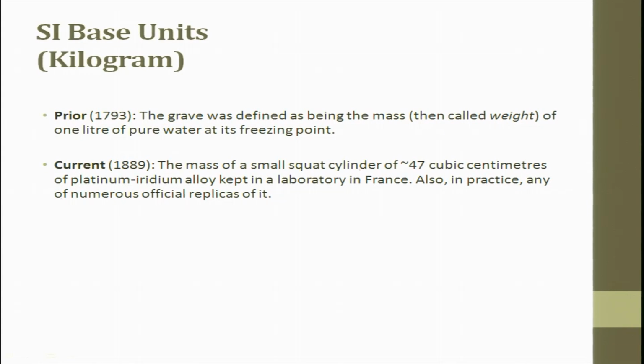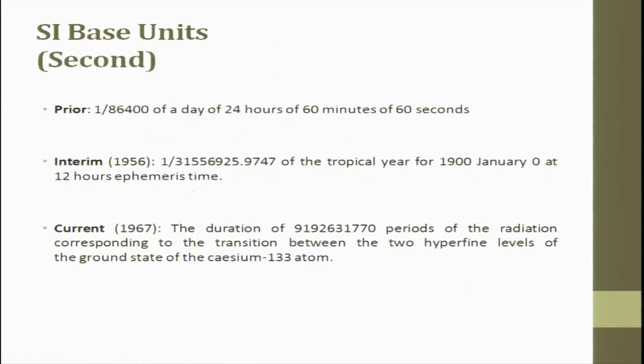Also in practice, any of the numerous official replicas of it is accepted to be kg. So, currently this is the definition for kg: the mass of a small squared cylinder of approximately 47 cubic centimeter of platinum iridium alloy kept in the lab in France.